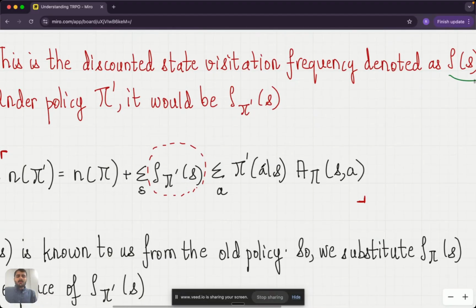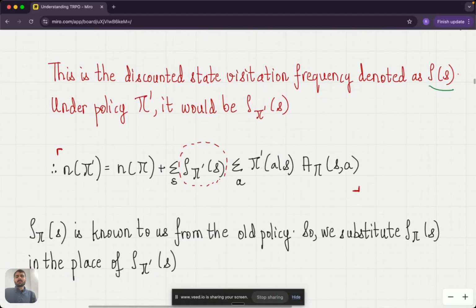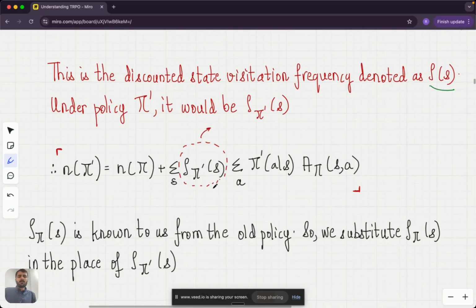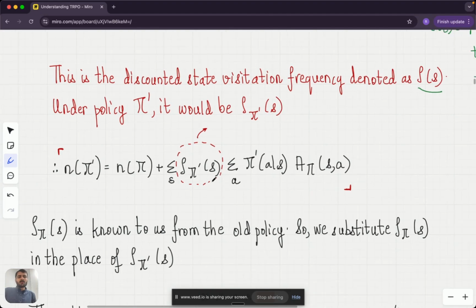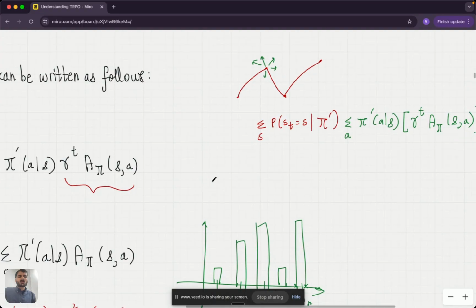Okay, now once we have written this, the problem which we discussed before becomes apparent. It becomes apparent because we do not know the state visitation frequency for the new policy. The only thing we know is the state visitation frequency for the old policy.